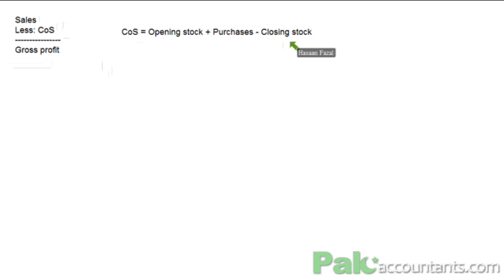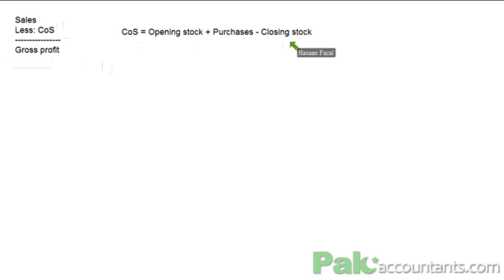So anything that pushes the value of closing stock up, whether you have more units of closing stock or just because of the valuation technique you followed, will have a direct effect on gross profit.